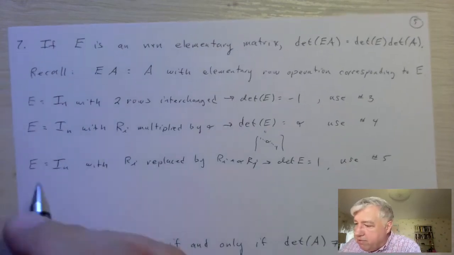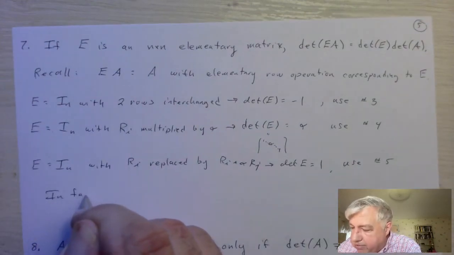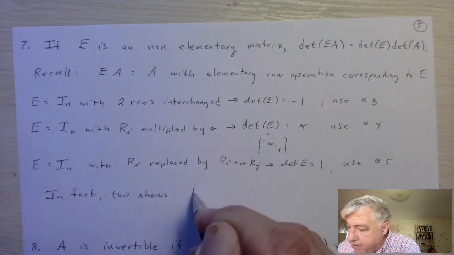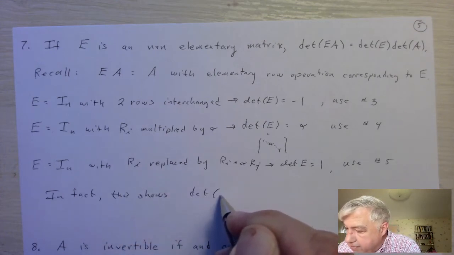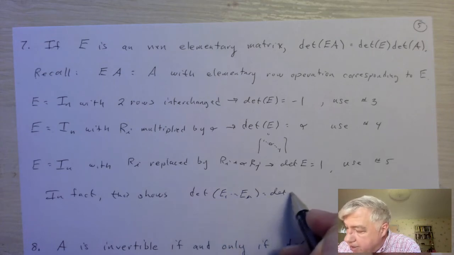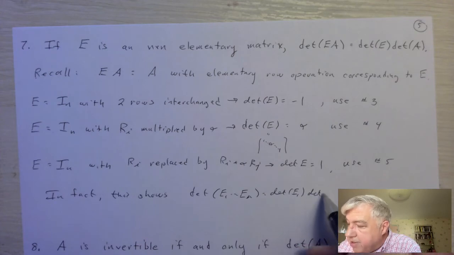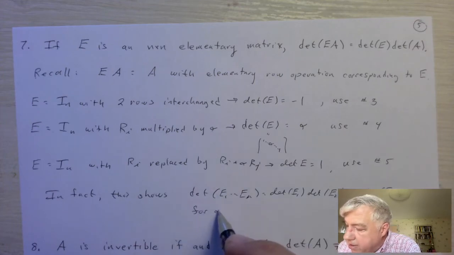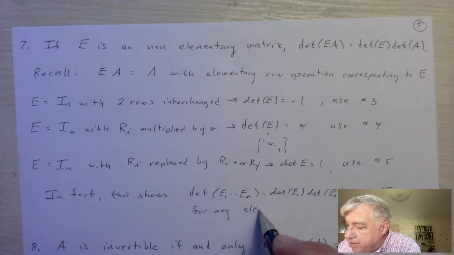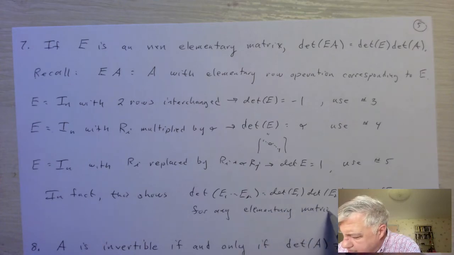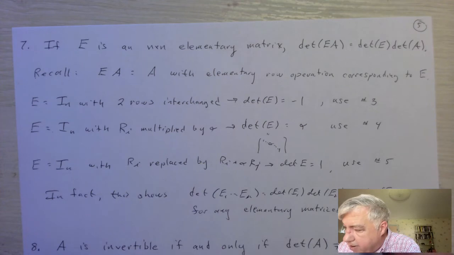And so this shows that the determinant of, say, E1 through Ek is the determinant of E1, the determinant of E2, through the determinant of Ek, for any elementary matrices E1 through Ek.